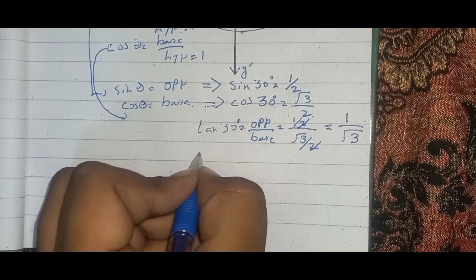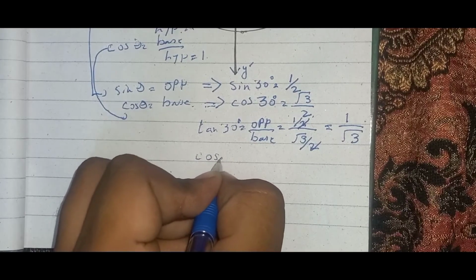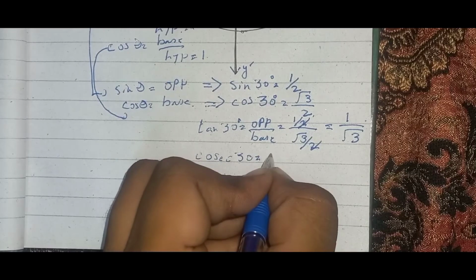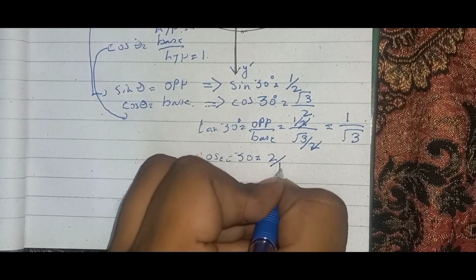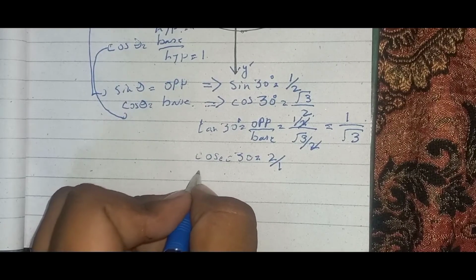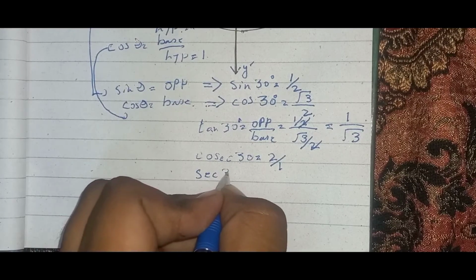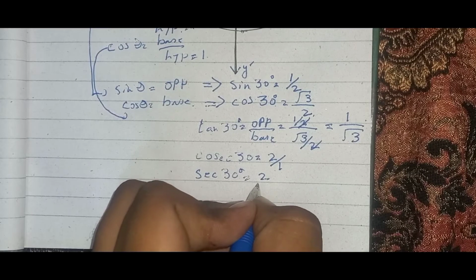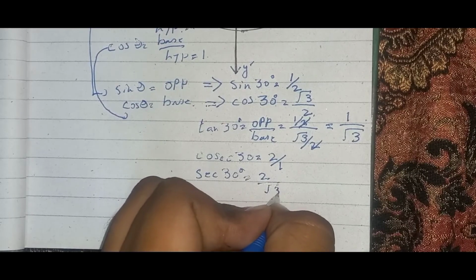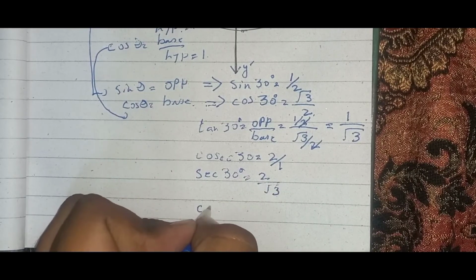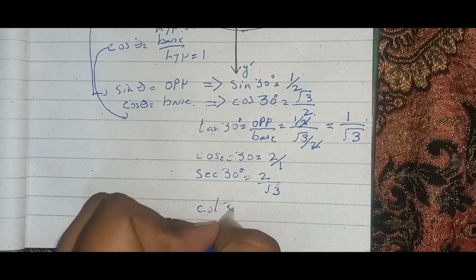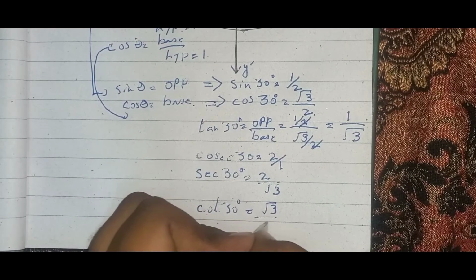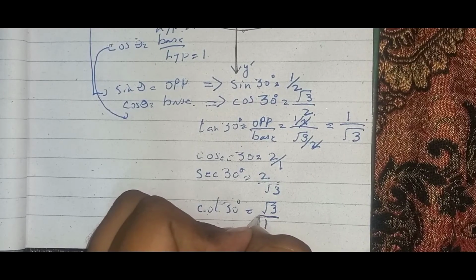For example, the value of cosecant 30 degree is equal to 2/1. The value of secant 30 degree is equal to 2/square root 3, and the value of cotangent 30 degree is equal to square root 3/1.